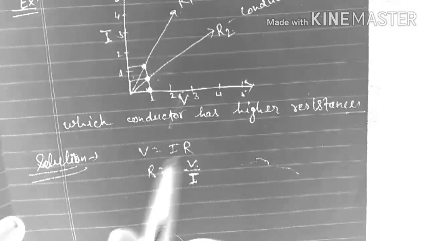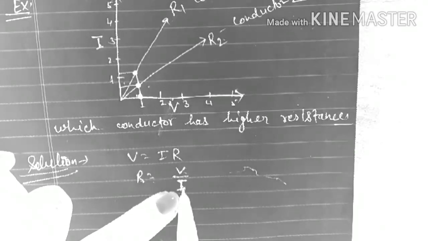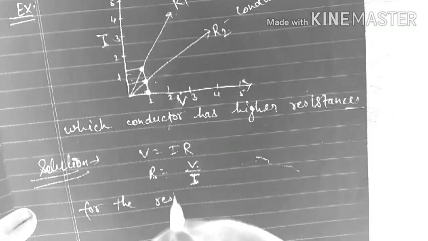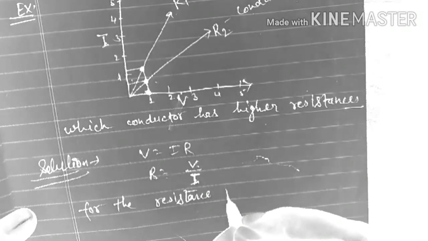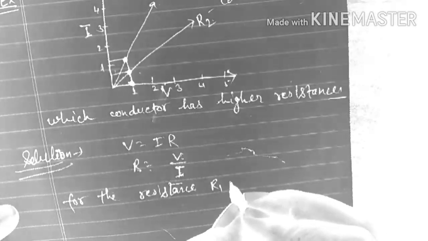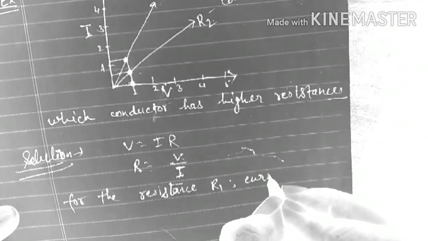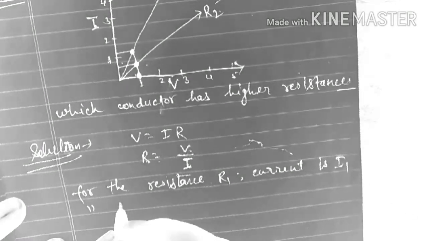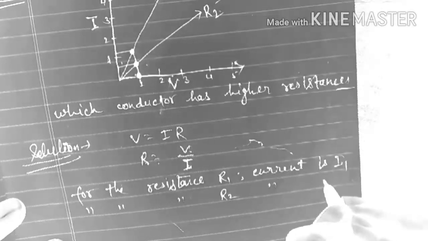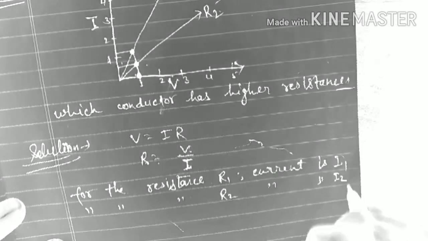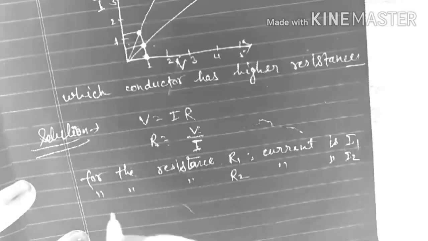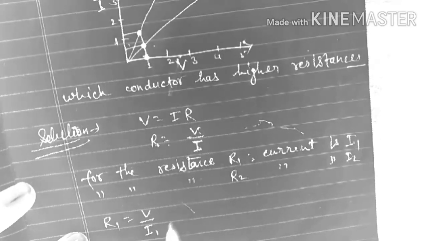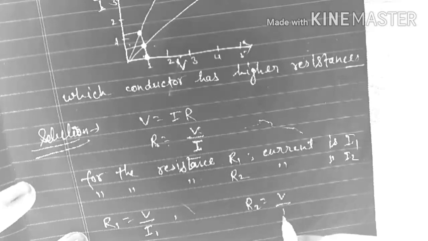For the resistance R1, the current is I1. For the resistance R2, the current is I2. So R1 is equal to V by I1, and R2 is equal to V by I2.